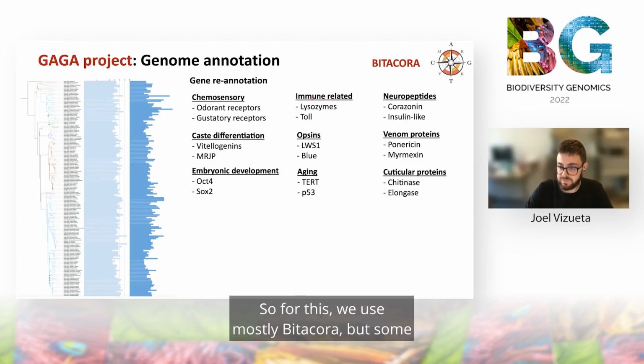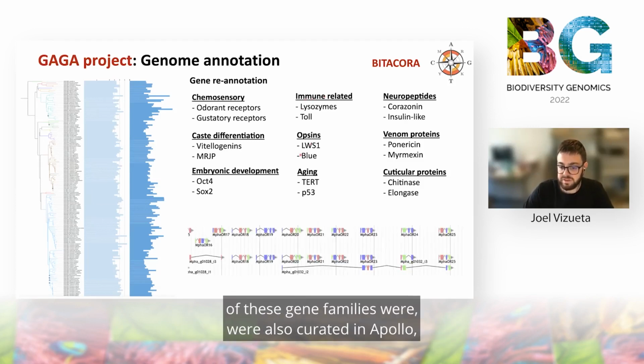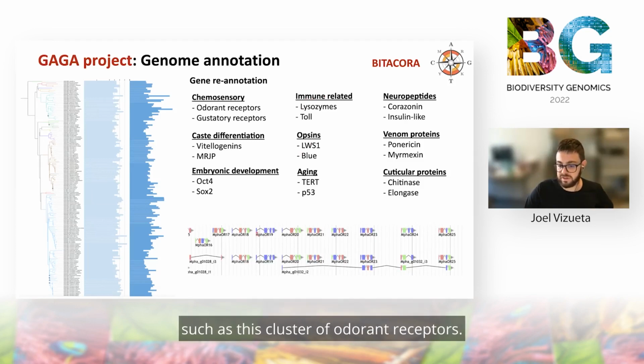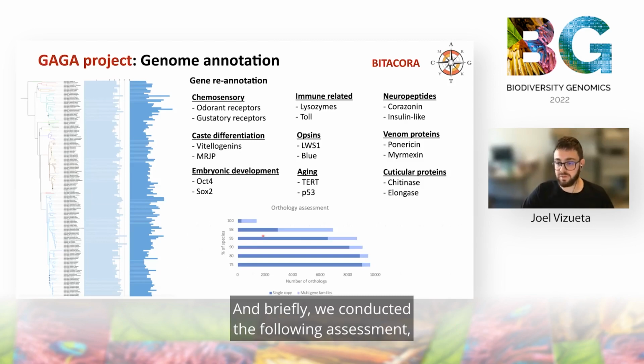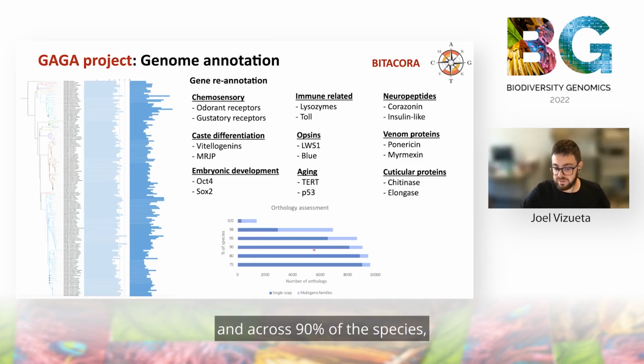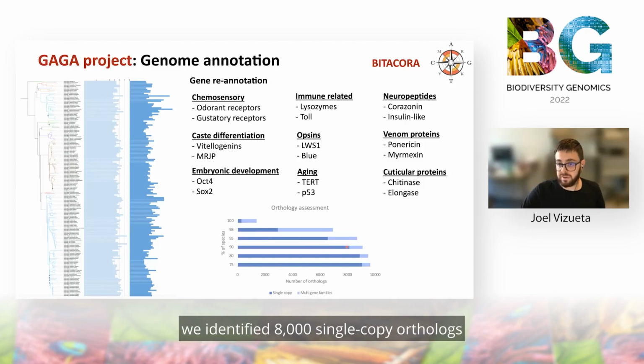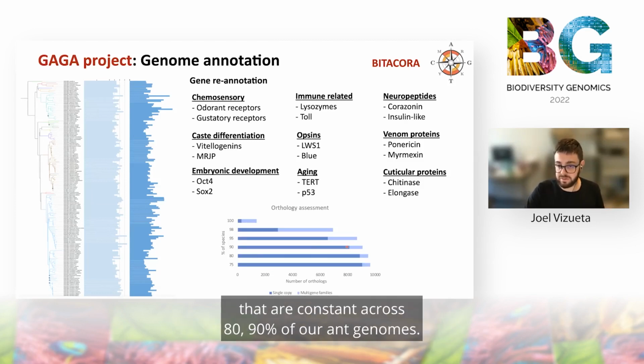For this, we used mostly Bitacora, but some of these gene families were also curated in Apollo, such as this cluster of odorant receptors. And briefly, we conducted an orthology assessment, and across 90% of the species, we identified 8,000 single copy orthologs that are conserved across our ant genomes.